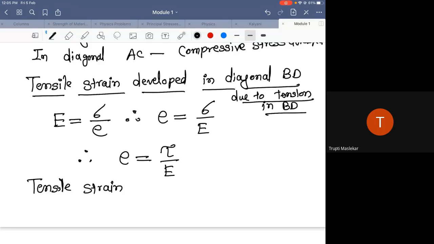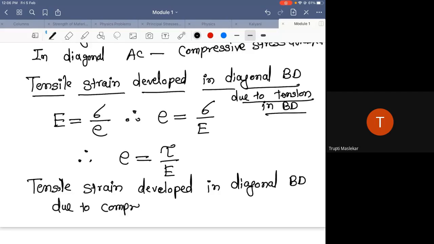Similarly, I can calculate the tensile strain developed in diagonal BD due to compression in AC.